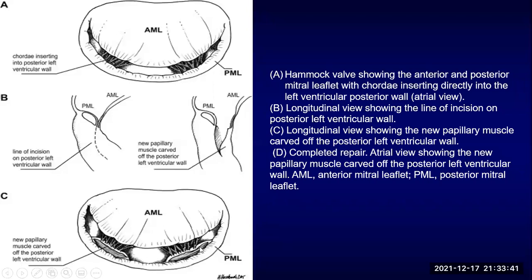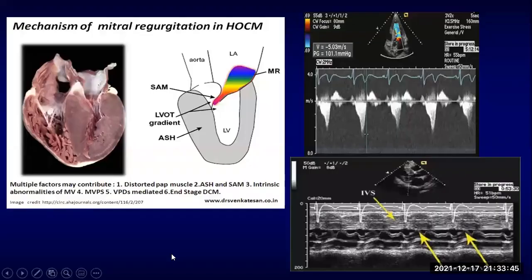We can see here the new anatomy. And as we said, we have sometimes an association with LVOT obstruction, and we have a systolic anterior motion in case of hypertrophic obstructive cardiomyopathy. Here we can see the systolic anterior motion on M mode and the gradient with a dagger shape, okay? And sometimes we have a mitral regurgitation due to the SAM.